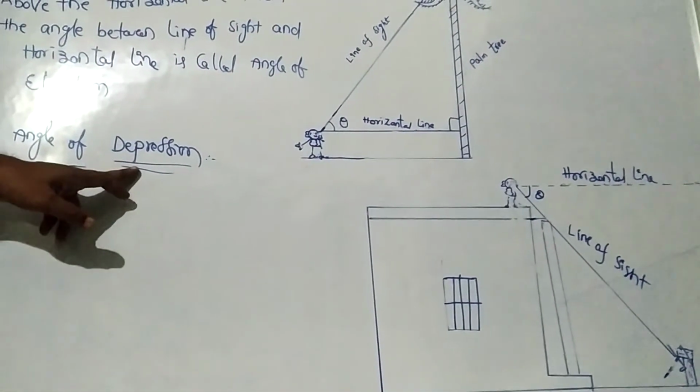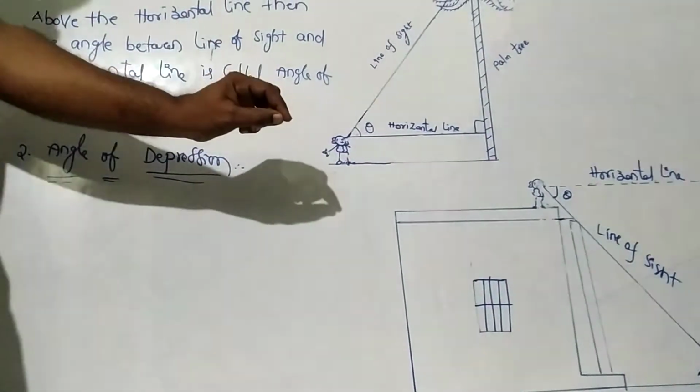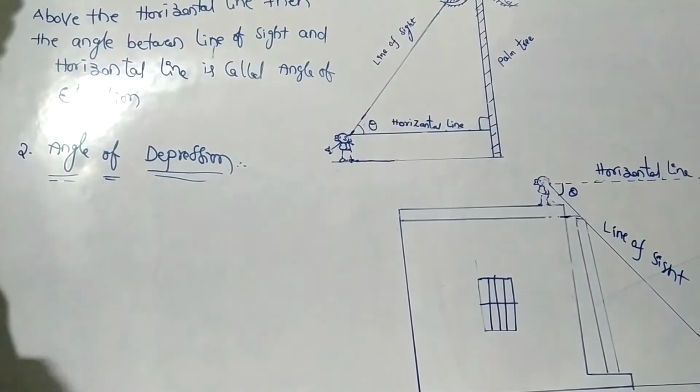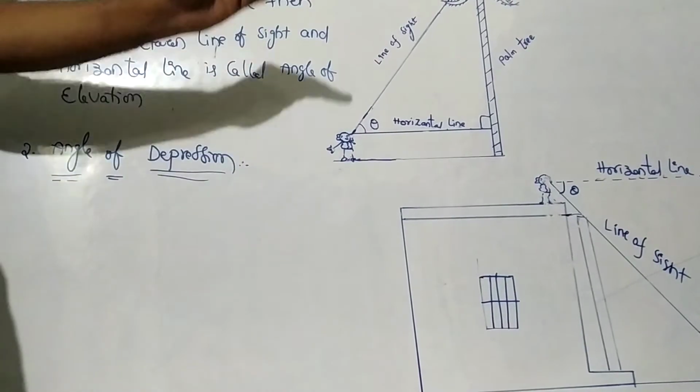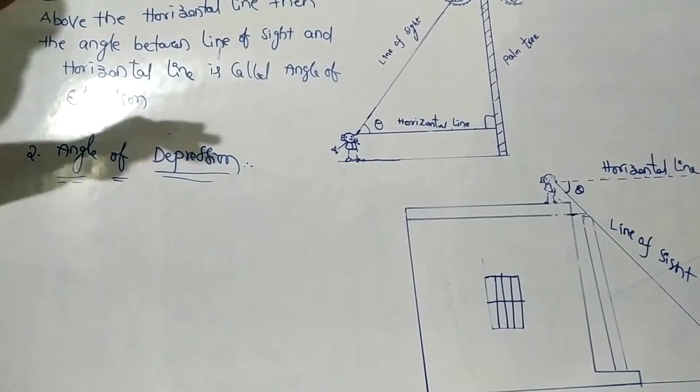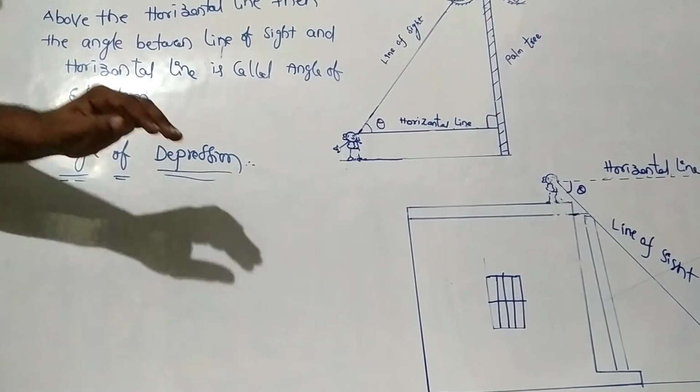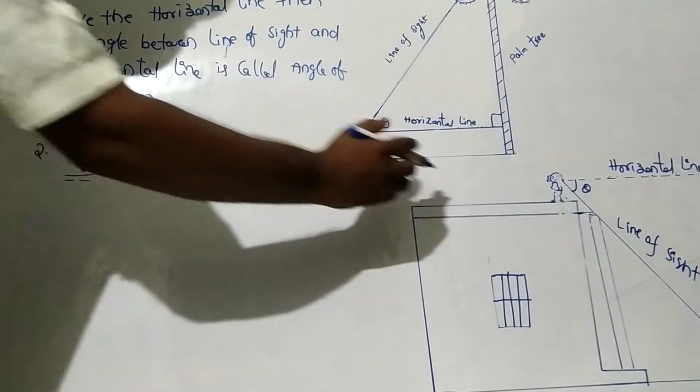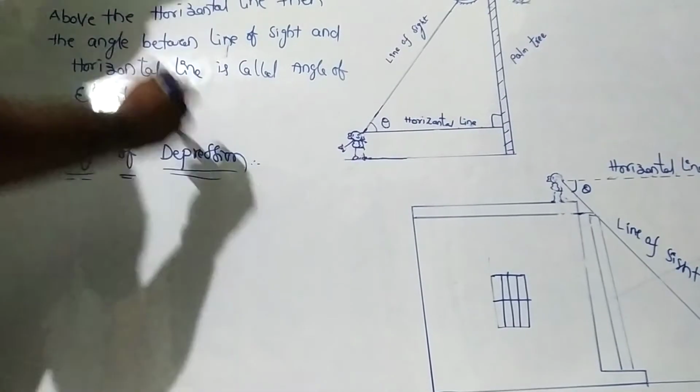Angle of depression means the line of sight is below the horizontal line, then the angle between horizontal line and line of sight is called the angle of depression. So this is theta. Theta is the angle of depression.